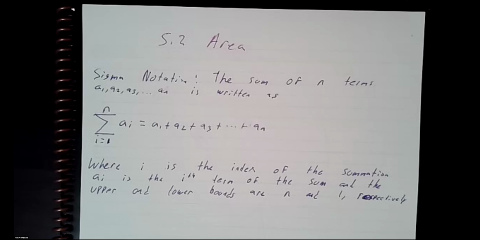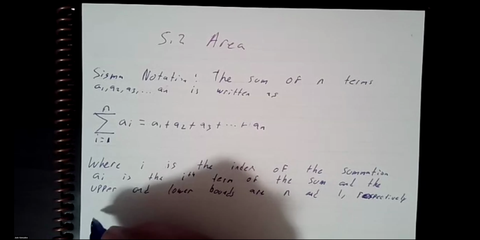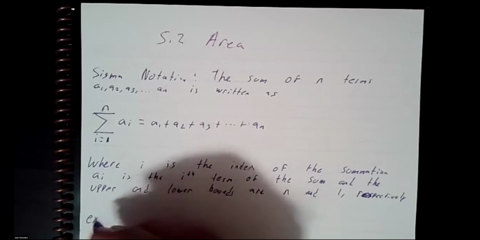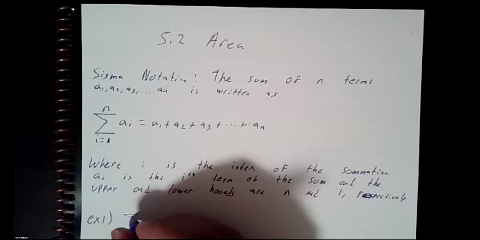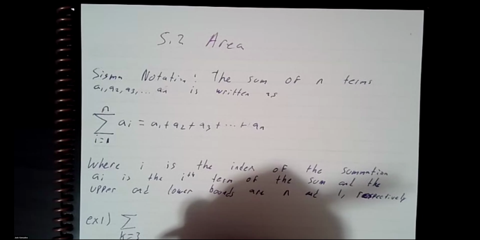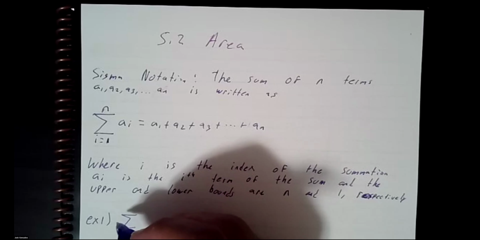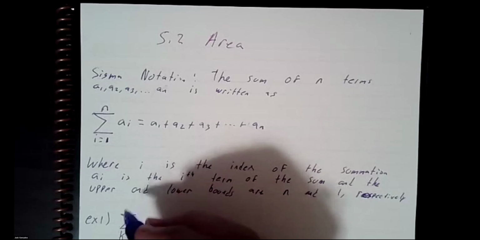Okay. So this example right here will pretty much explain it if it doesn't already make sense. This is telling me to sum. Let me use the index of k. Go from k equal to 3 all the way until 5.